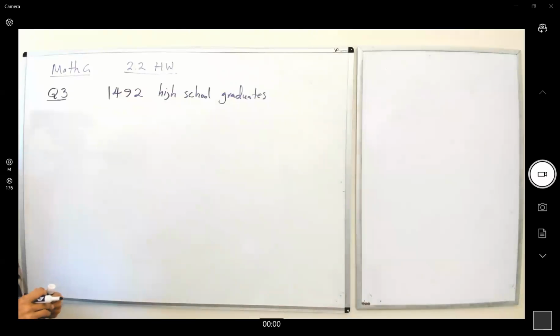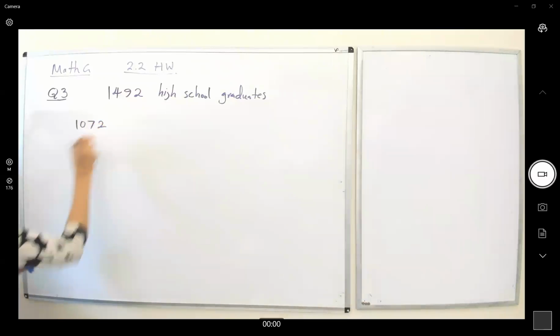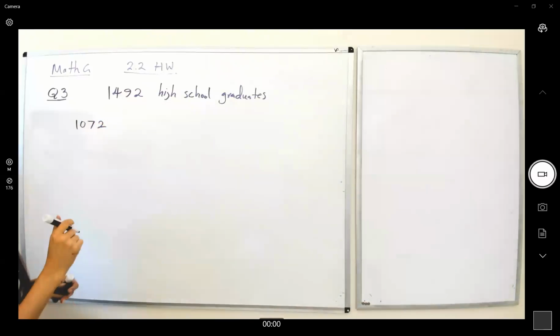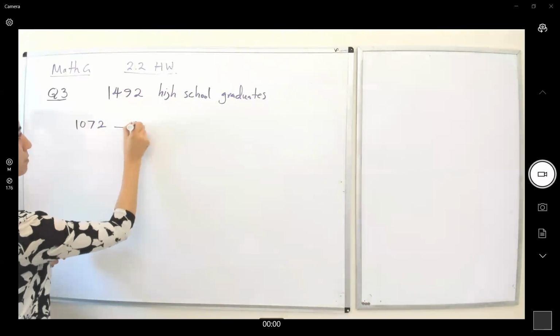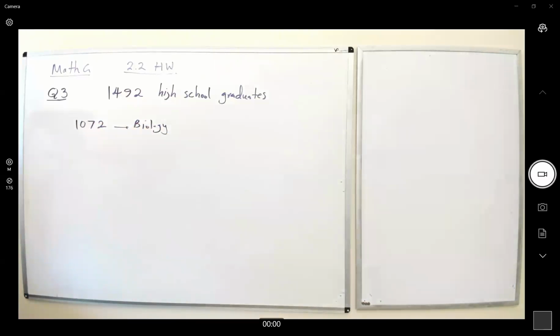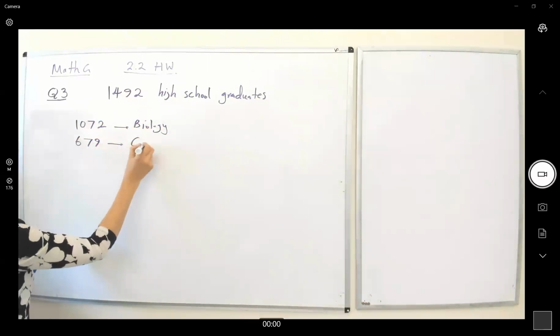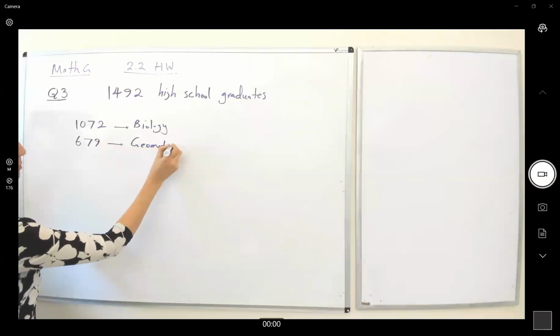So 1,072 of them took biology. And you also know that 679 took geometry.